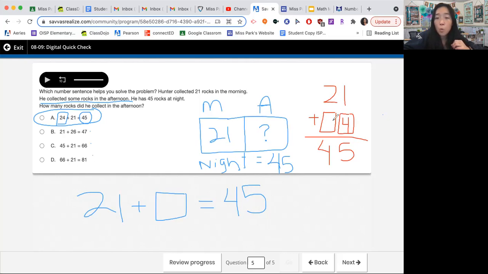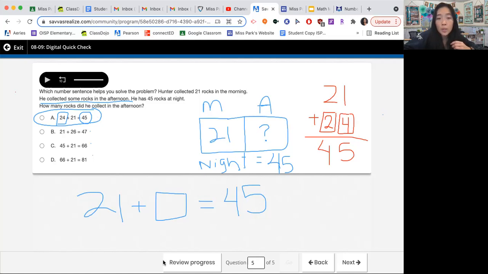So 2 plus what would give you 4? Very good, Ava. 2 plus 2 would give you 4. So what were our missing numbers? A 2 in the tens place and a 4 in the ones place, which is why 24 plus 21 equals 45.